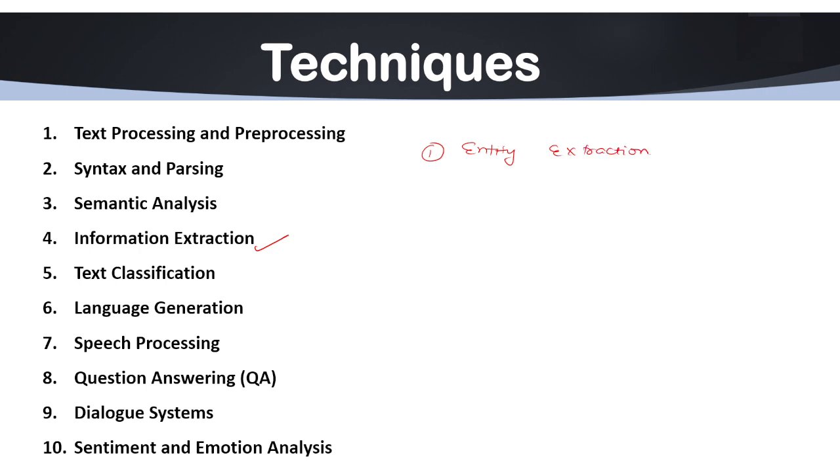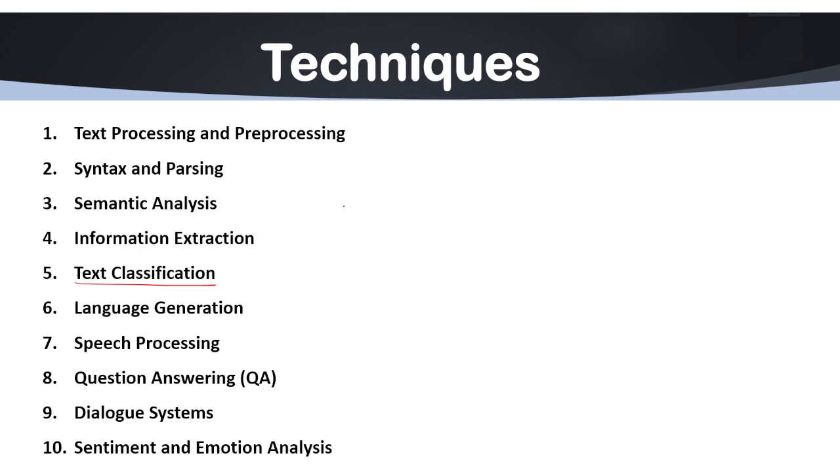So detecting specific entities like people, location, companies, if you want to extract such location, then entity extraction will help you. Another point we have is relation extraction. So identifying and categorizing the relationships between entities in a sentence or document, then relation extraction technique will surely help you.